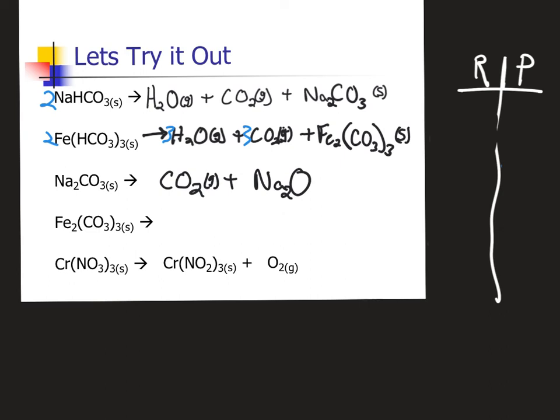Now we move on, and we have our iron 3 carbonate decomposing into iron 3 oxide, better known as rust, and carbon dioxide.